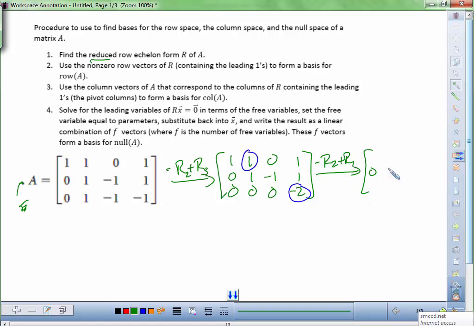Row 2 doesn't change. Now, row 1 will be 1, and this will be a 0. And then -1 times -1 is +1 added to 0, -1, and -1, so that's 0. At the same time, I'll multiply row 3 by -1/2 and replace row 3 by that, so that I just have 0, 0, 0, 1.